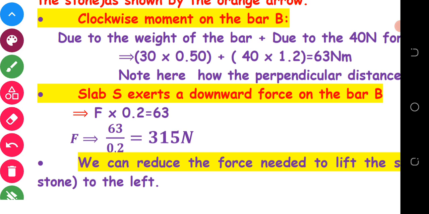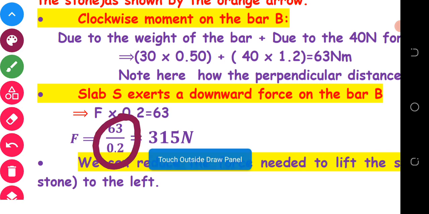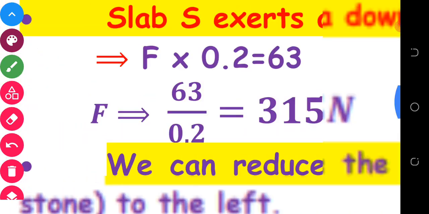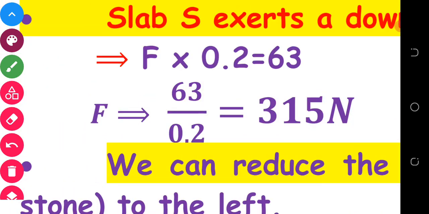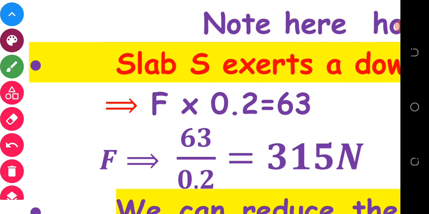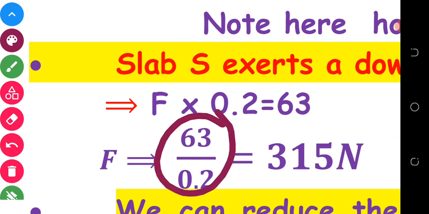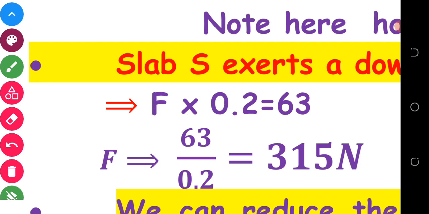In order for us to find the value of F, we divide by 0.2 on both sides, and we remain with F is equal to 63 divided by 0.2, like we can see there. Therefore, the force holding up the slab is 315 newtons.